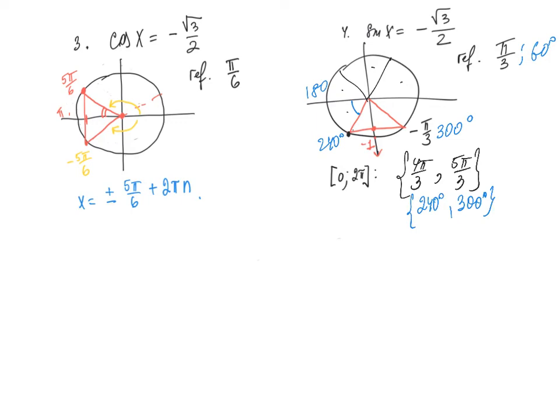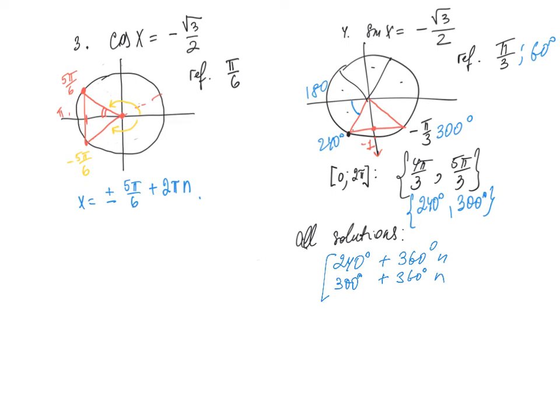And if we want all solutions, for now we'll just say either we start at 240 degrees and then keep going 360 n, or we start at 300 degrees and keep going 360 degrees n.